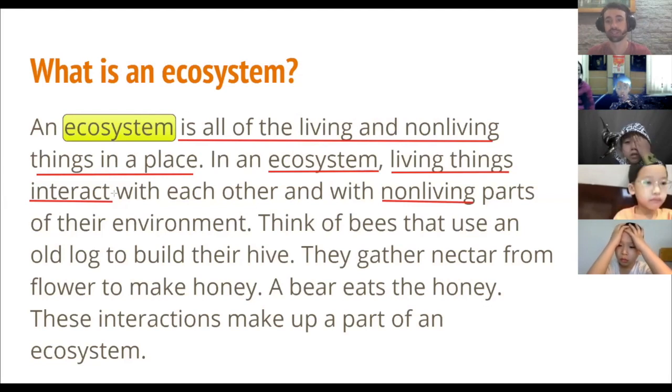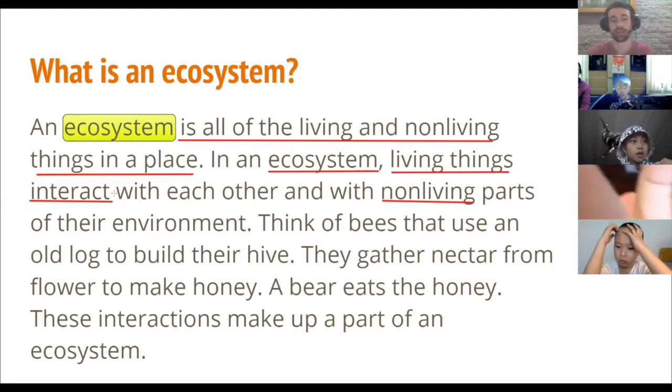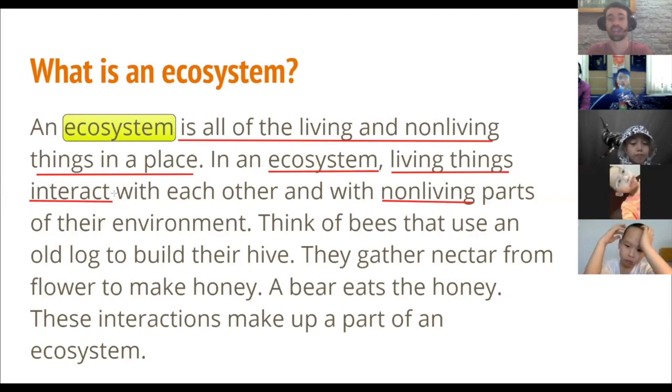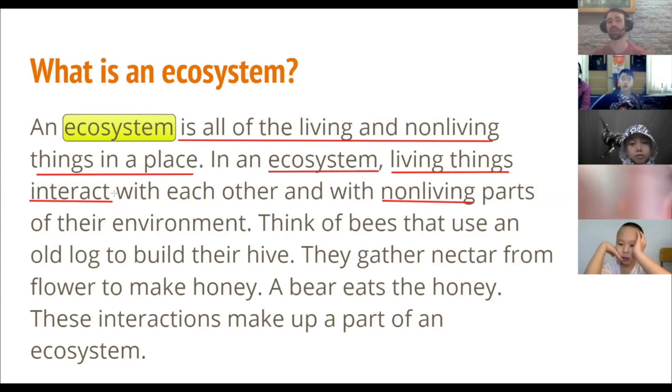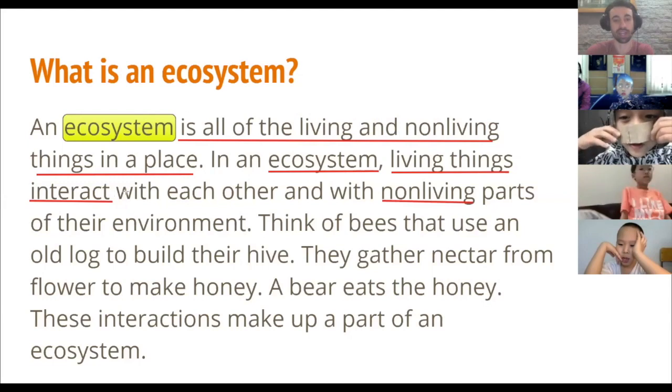And an ecosystem is basically a big picture of how everything interacts with each other. Interact is the big word here as well. Because an ecosystem isn't just all the non-living and living things, it is also how they interact. That's the big thing here, is how they interact.